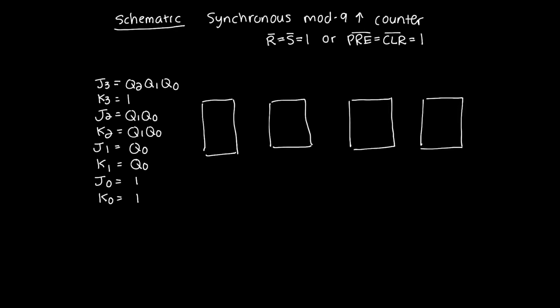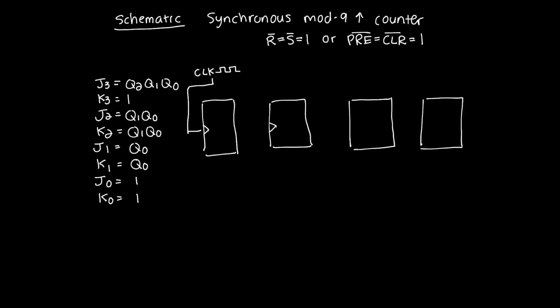So in other words, my asynchronous active low inputs need to be inactive for a fully synchronous counter. For an active low input to be inactive, it has to be logic high. So I'm not going to draw it. Now I'm going to put the clock, and the clock goes to the clock input of each flip-flop.